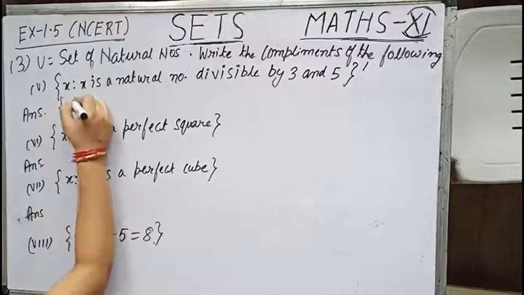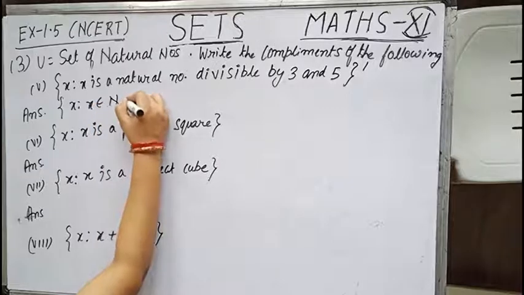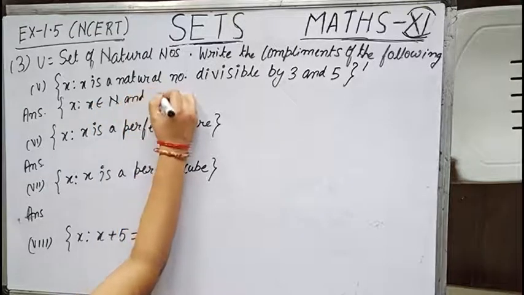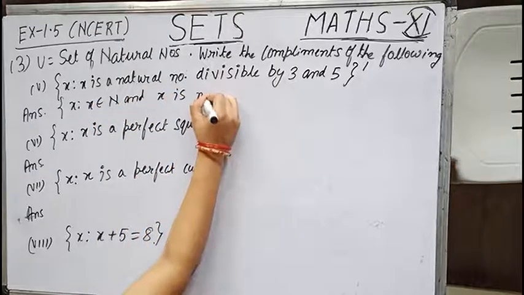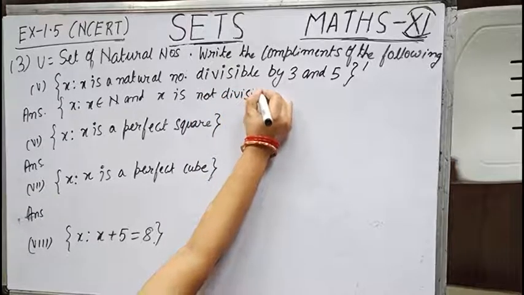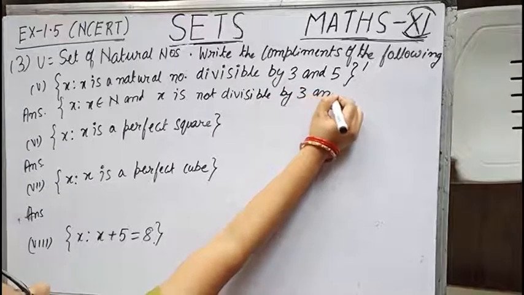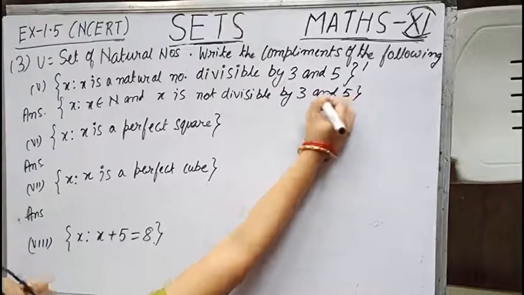So we can write it over here, x such that x belongs to capital N and x is not divisible by 3 and 5.